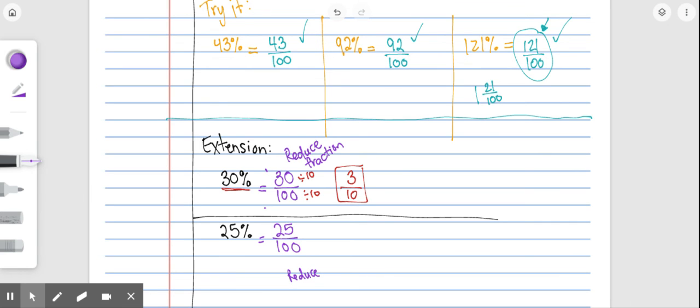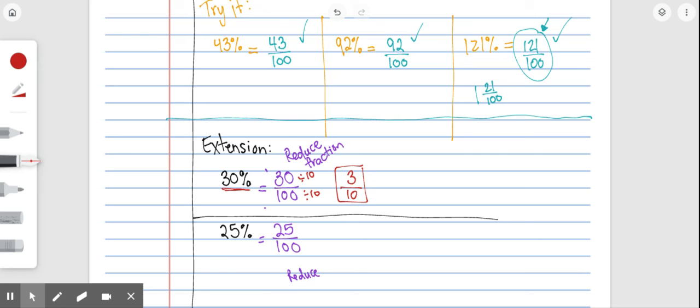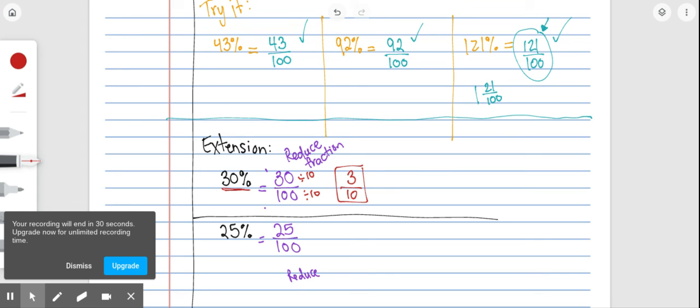So what number divides 25 that also divides 100? Now this one's a little tricky, but I know I can count by 5s to get to 25, and I can count by 5s to get to 100. So I can divide by 5 in the numerator and the denominator.